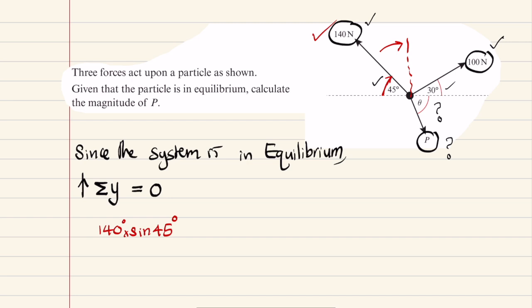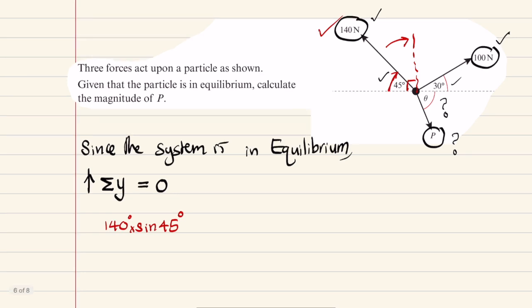Since 45 evenly splits this 90 degrees, both the horizontal and the vertical component will be equal to each other. That means 140 sine 45 or 140 cos 45 would be the same answer. But since we are resolving in the y direction, you need to write 140 sine 45.